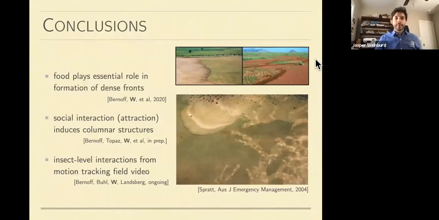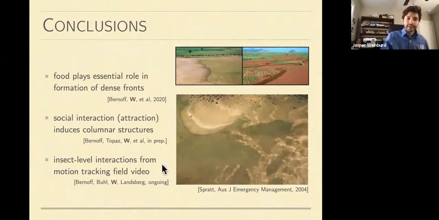So just to wrap up, the first model lived in this picture on the left. And we saw that food plays an essential role in the development of dense fronts. Our second model with the social interaction induces columns, qualitatively similar to those observed in the field.